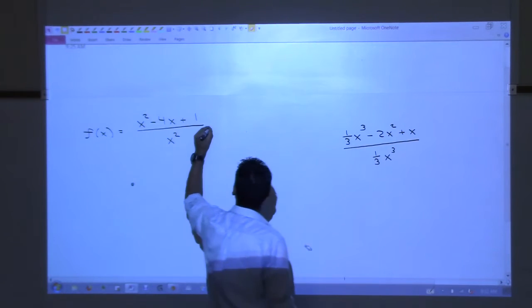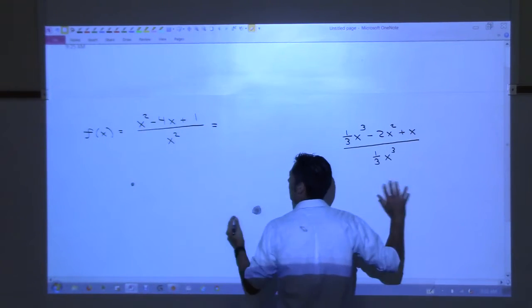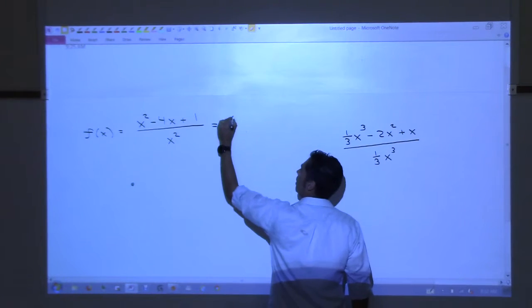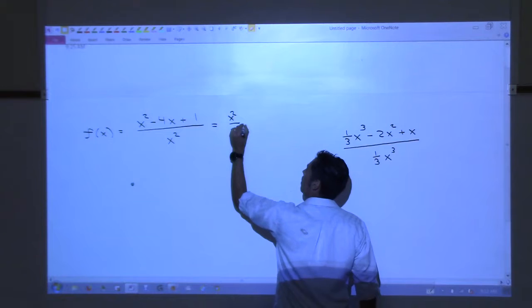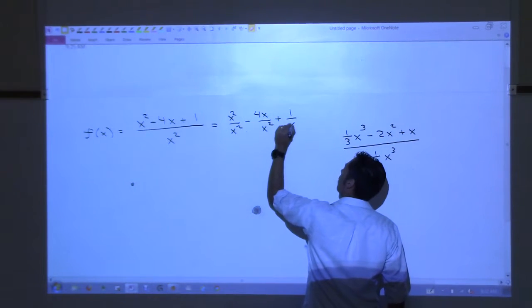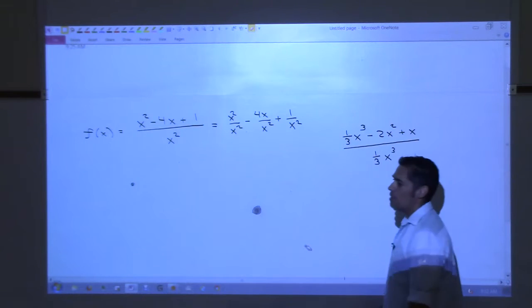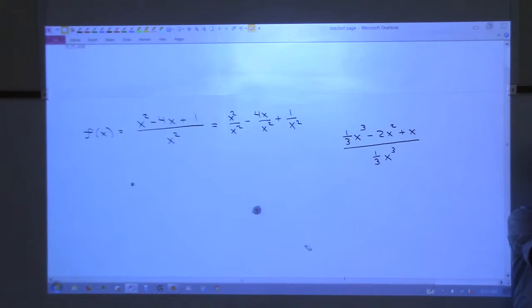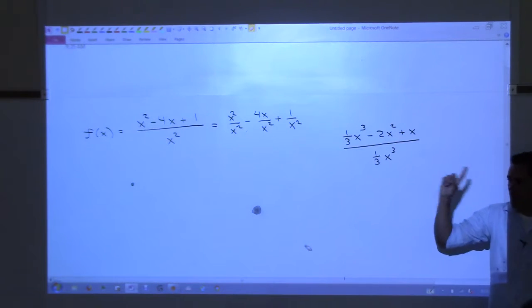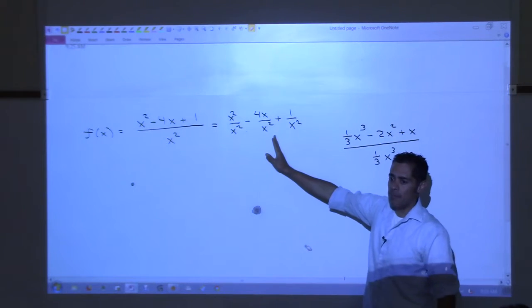You can do something first before you do any calculus, and that's you can split it up into 3 different fractions. You could have done x squared over x squared minus 4x over x squared plus 1 over x squared. You were allowed to do that because you had a single term in the denominator and multiple terms in the numerator. That means this is legal, right?